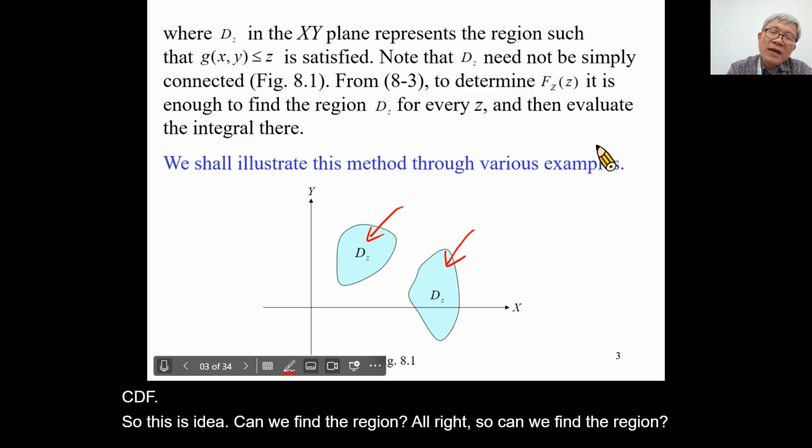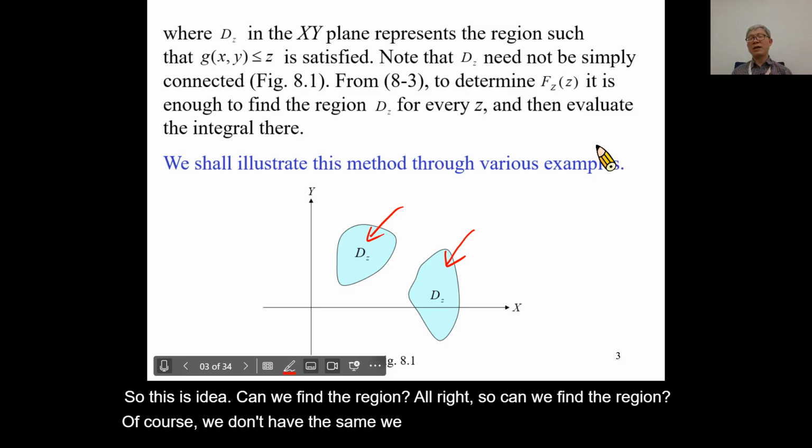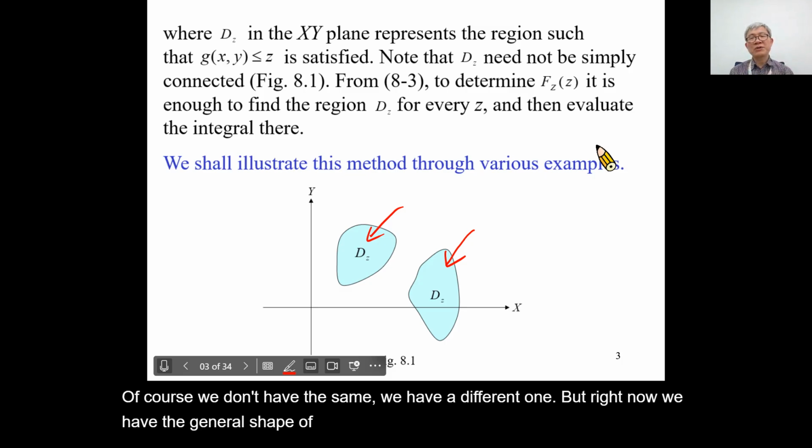Of course, each function has a different region, but right now we have a general or irregular shape to denote the region.